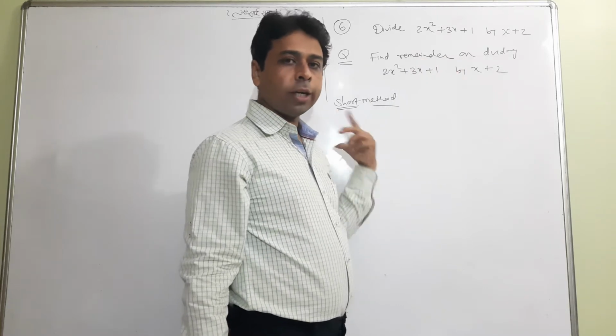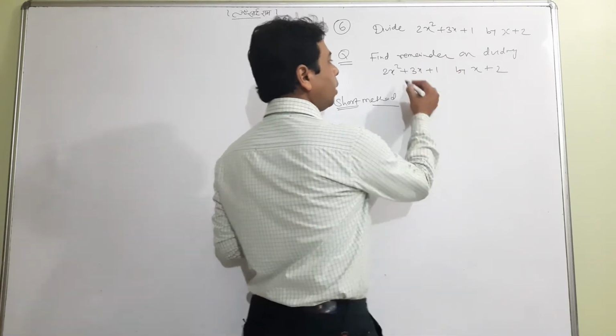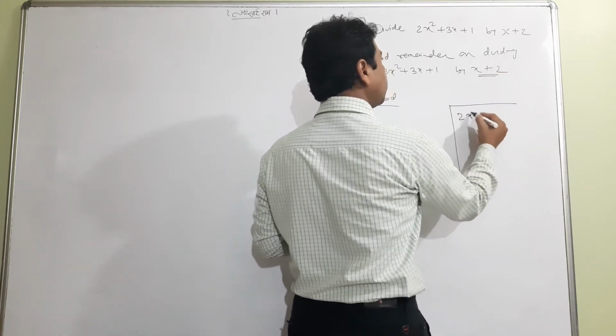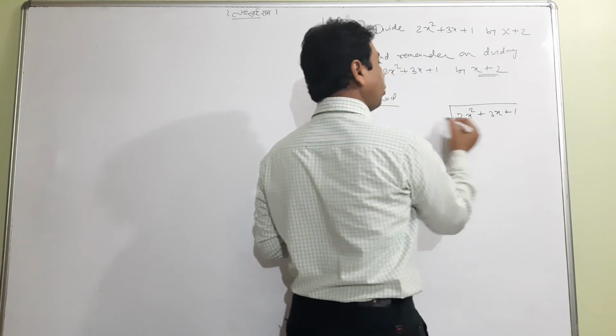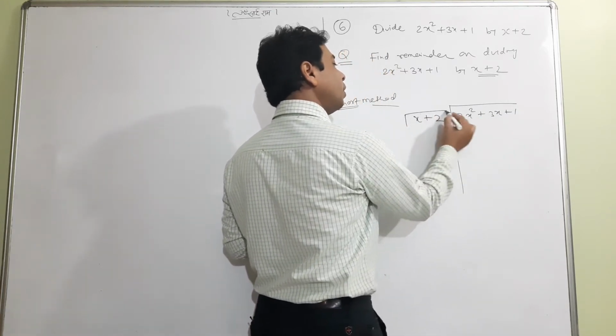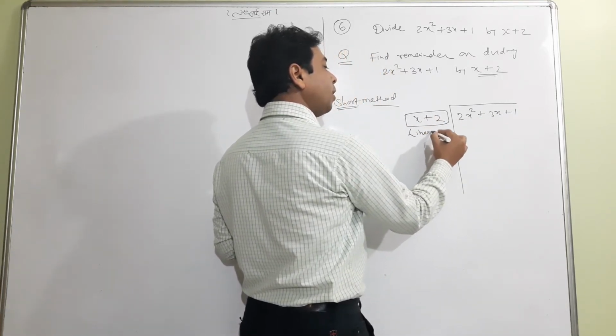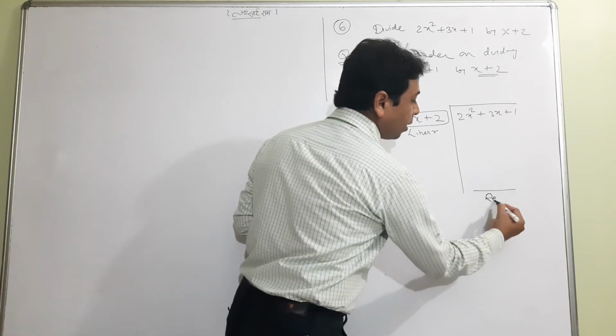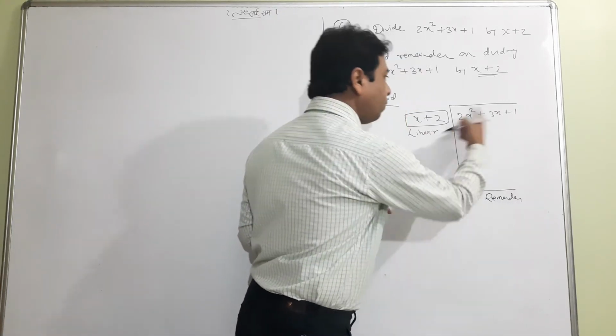So I have a short trick. When your divisor is a linear polynomial, try to catch my word, if it is linear, then you can get the remainder without dividing.